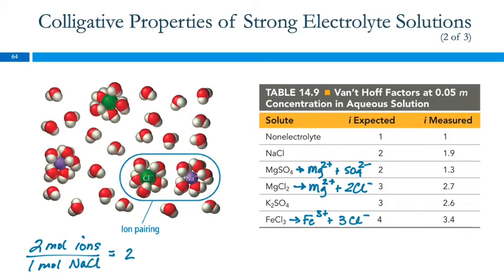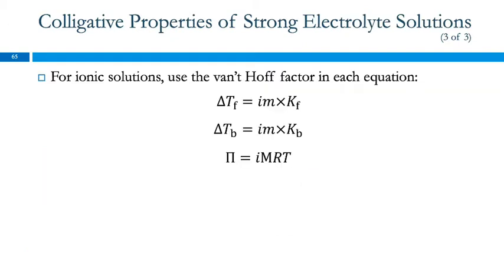So it's a total of 4 particles, 4 ions. The Van 't Hoff factor is going to be different at different concentrations, and so that's why this is specified at 0.05 molal concentration. But we don't have to worry about other concentrations.